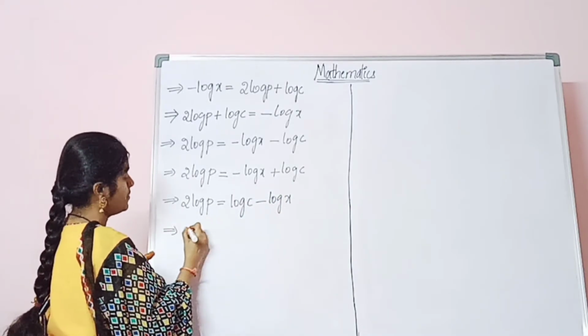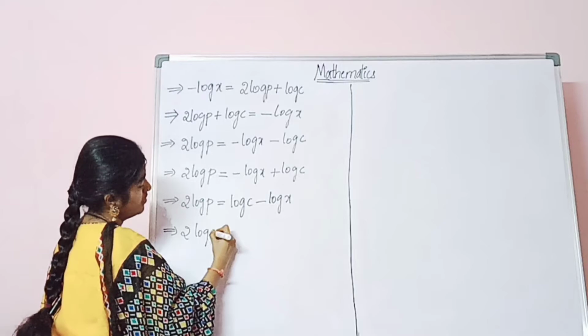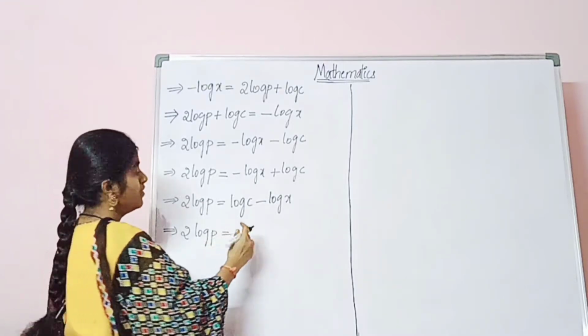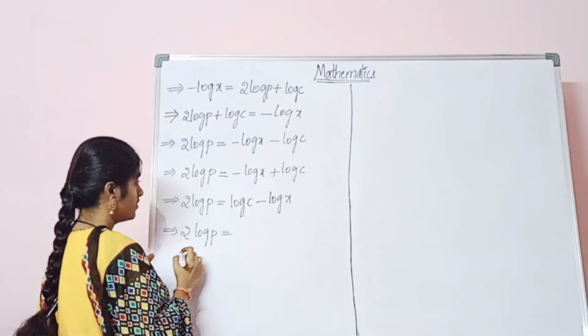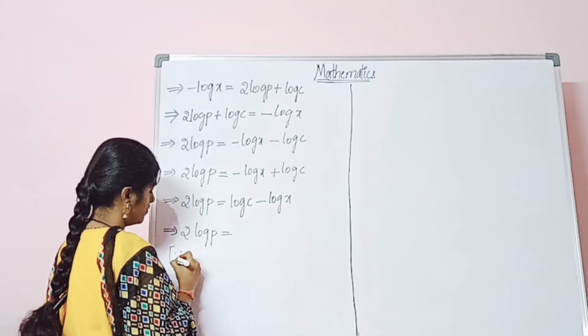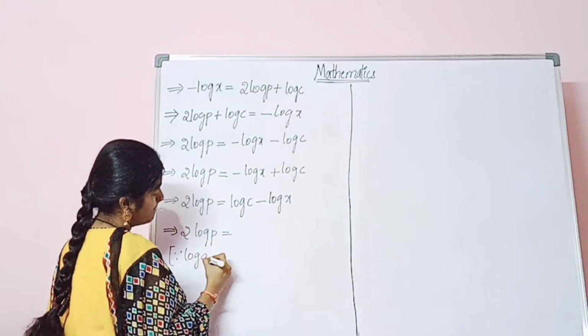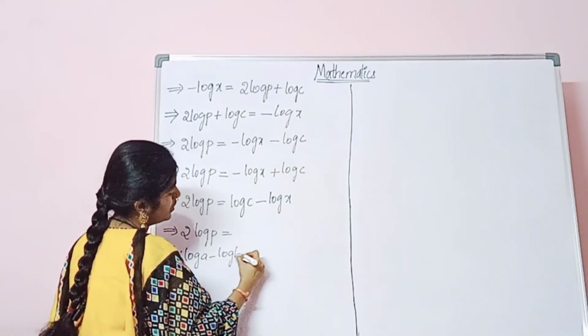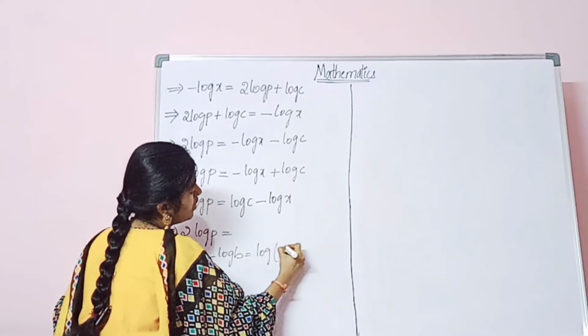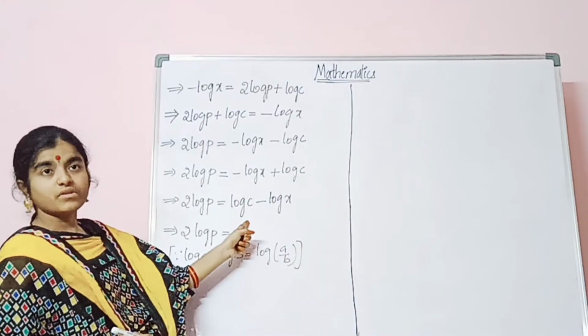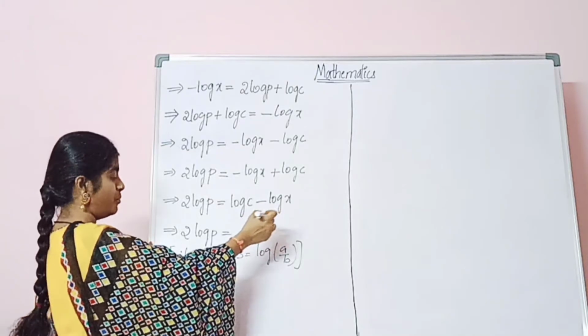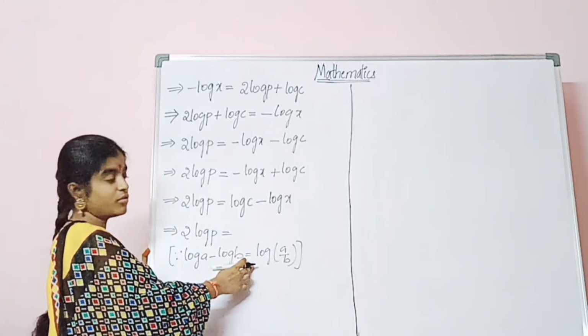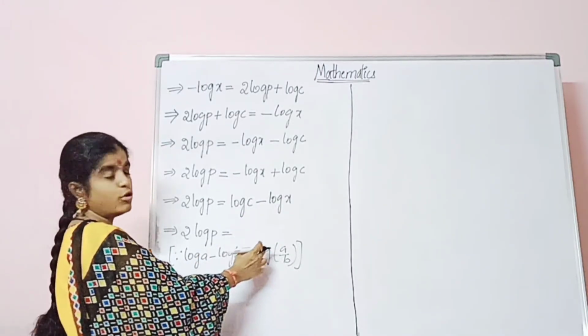That implies 2 log p equals, this is in the form of log a minus log b. Log a minus log b, what is the formula here? Log a minus log b equals log a by b.